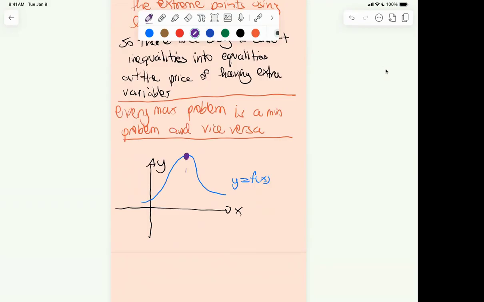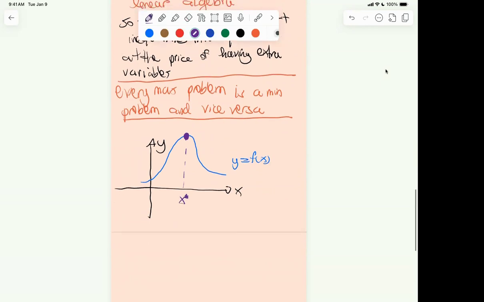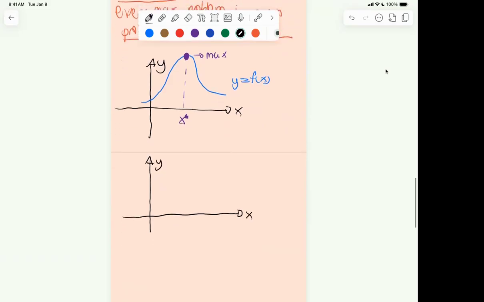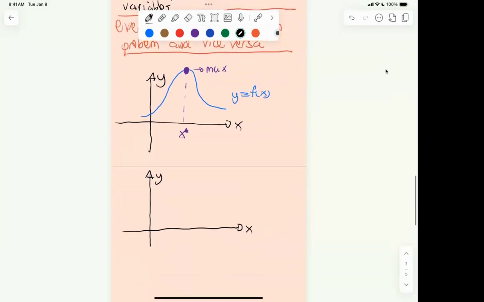It looks like this is the value of x that yields the max. Let's call it x asterisk, the value of x that optimizes the function, where the max occurs.